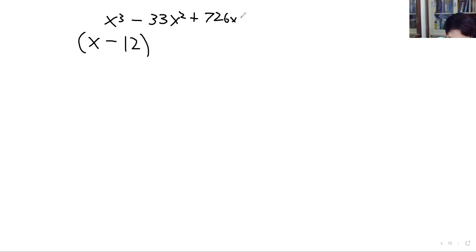So if we factor it, let me write the last equation first. So x cubed minus 33x squared plus 726x minus 5688, that all equals 0.